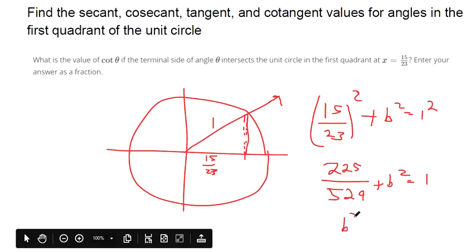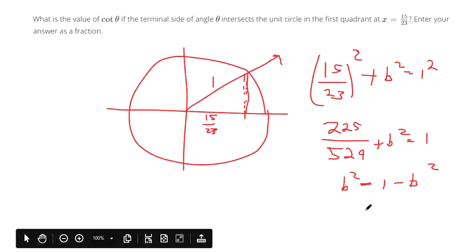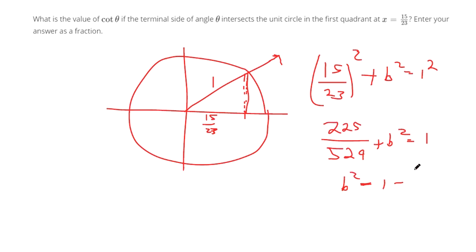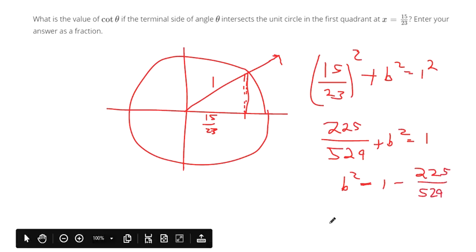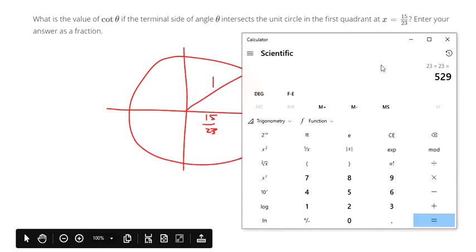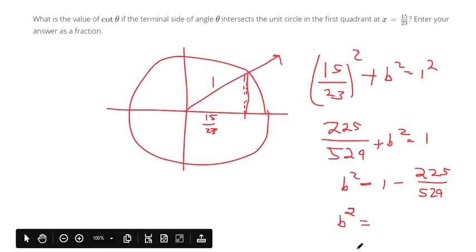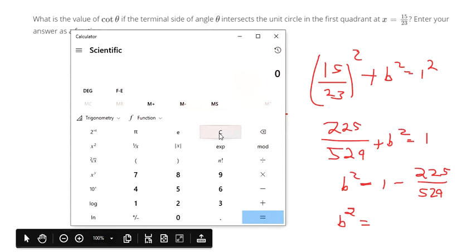So b squared is going to be 1 minus 225 over 529. Oh, sorry, we're subtracting 225 over 529 from both sides. So b squared is going to equal, now if you get common denominators there, that's 529 over 529.